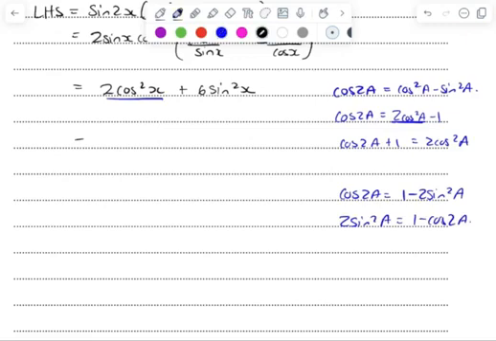Let's change this directly. So this becomes cos 2x plus 1. Yeah, cos of 2x plus 1 plus, and now I only want to change 2 sine squared. So I've still got a 3. And then my 2 sine squared becomes 1 minus cos 2x.